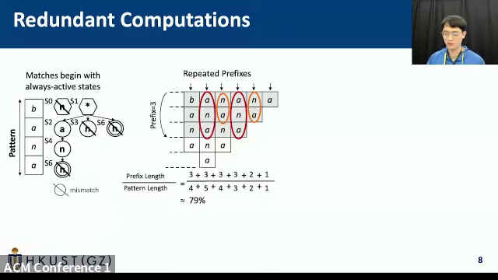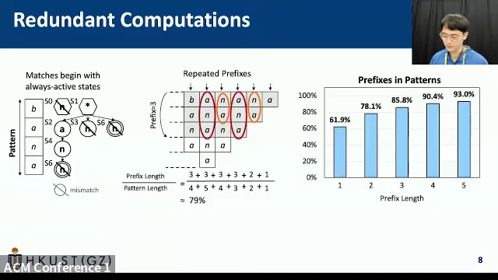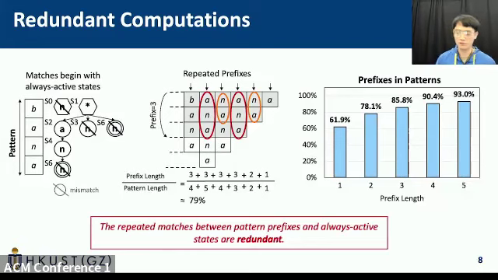It implies that the computations may become redundant when we are matching these repeated prefix streams. And our observation is that this prefix significantly contributes to the overall computation. For example, if we can skip over a prefix of length 1, we can avoid computing about 61% of the string. And this ratio can increase to 93% when we skip over 5. So there is a lot of redundant work during the processing.